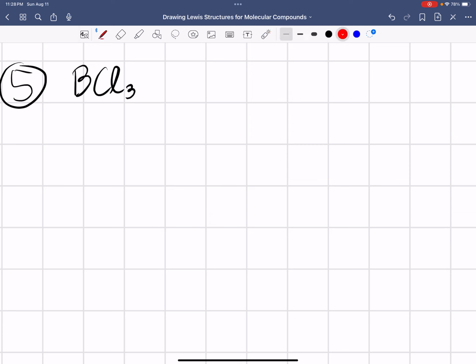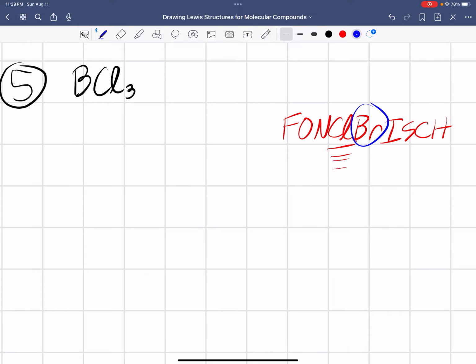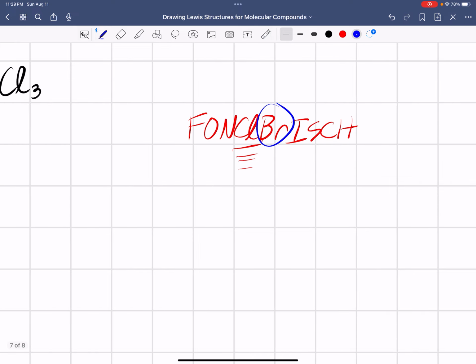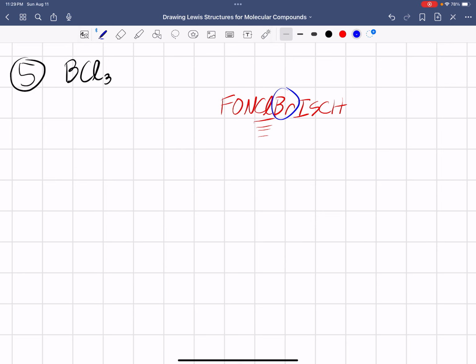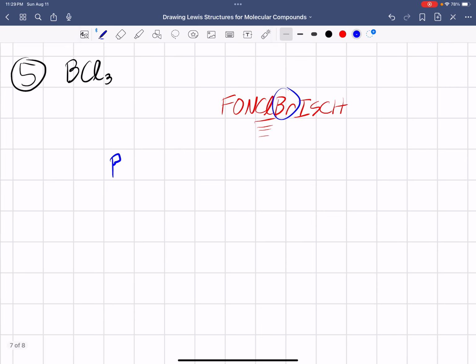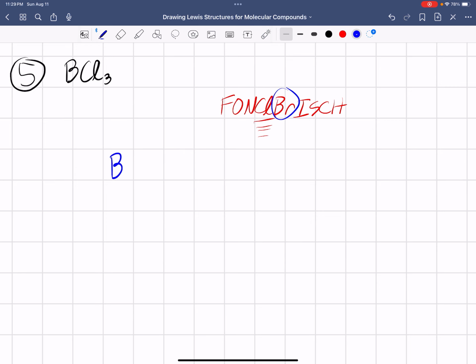We'll choose the least electronegative. We always remember our little mnemonic, Fonkelbrish. And here we see chlorine, pretty electronegative. Boron, on the other hand, isn't even on the list, right? This is bromine, not boron. Boron's less electronegative than any of these. So as the least electronegative atom, we'll put the boron in the center.